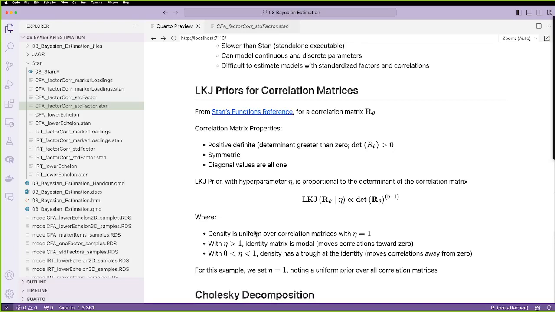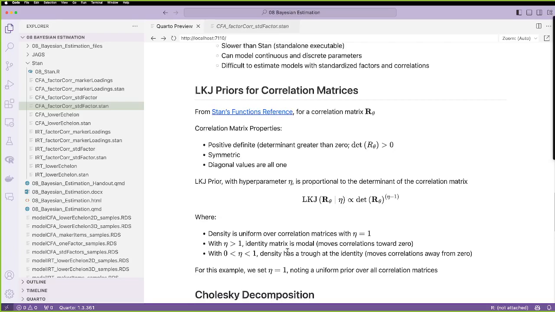I'm not going to go deep into the math behind it, surprisingly, I know. But basically, if you set this prior parameter to be 1, it gives you a uniform prior over correlation matrices, right? If you put it bigger than 1, it moves the correlations towards 0, and if you put it between 0 and 1, it moves the correlations away from 0.